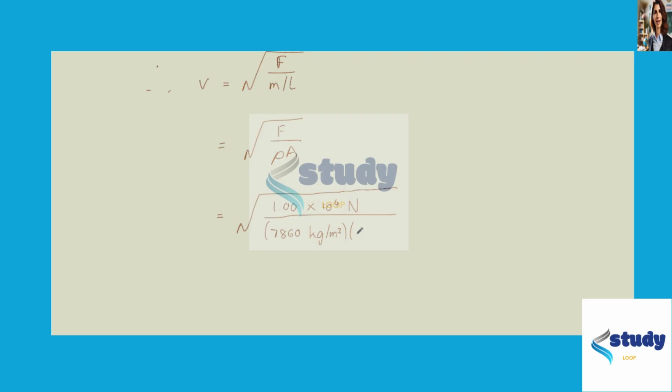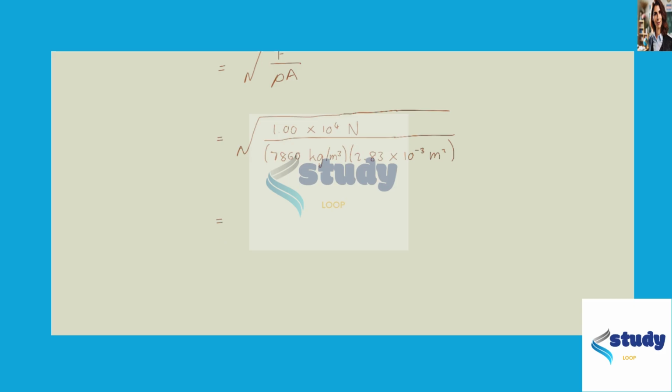And this is multiplied by the cross-sectional area, which is 2.83 times 10 to the minus 3 square meters. All of these values are in SI units, so we get the speed that a transverse wave will move through this cable to be 21.2 meters per second.